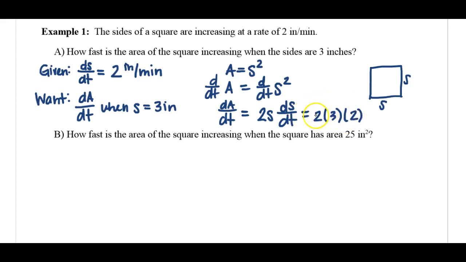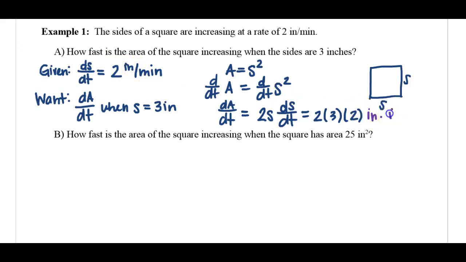So I'm filling in my S, which was 3 inches, and my dS/dt, which was 2 inches per minute. So what I also want to do here is include units. So the 3 inches had the units of inches, and my dS/dt had units of inches per minute.